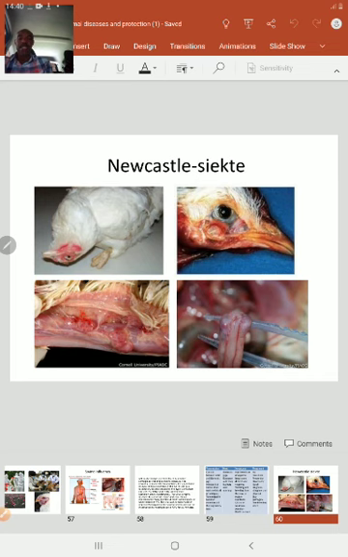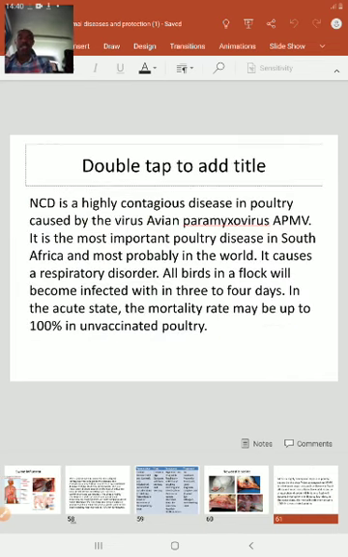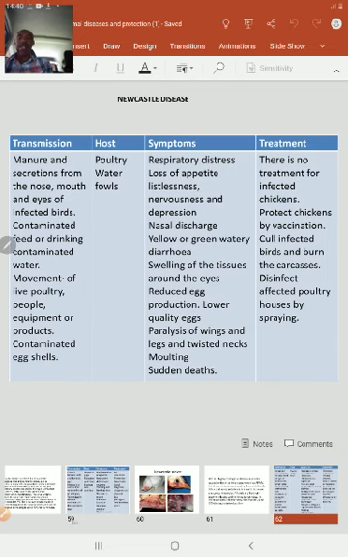Newcastle disease, it affects the chickens. It's a highly contagious poultry disease caused by a virus. So now it affects all birds. It can be transmitted through the nose, infected by contaminated feed, and all poultry can be hosts or can be affected.